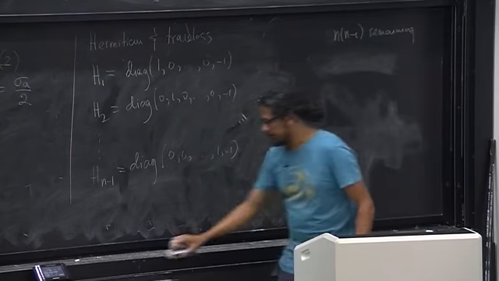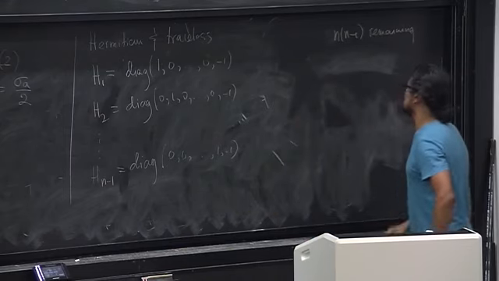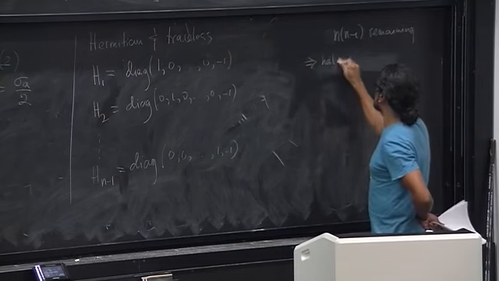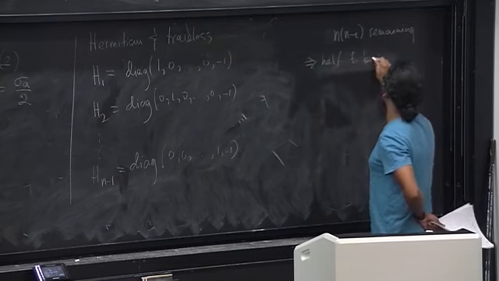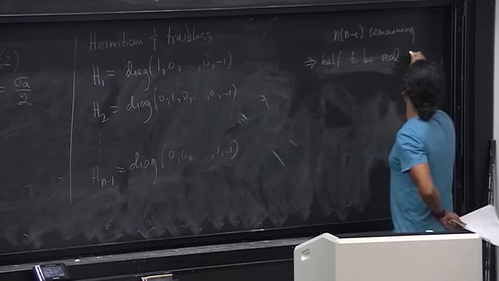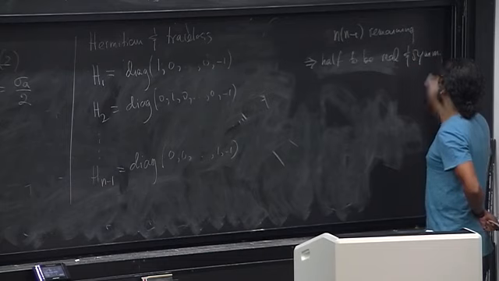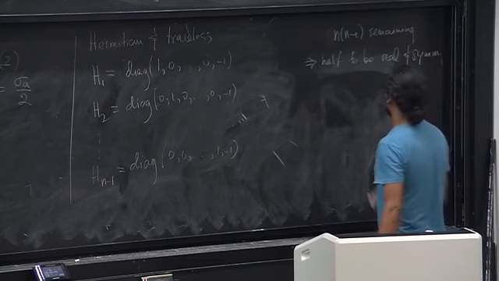Of these, you can choose half of them to be real, symmetric and non-diagonal.